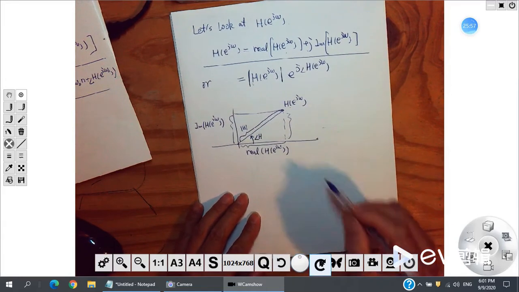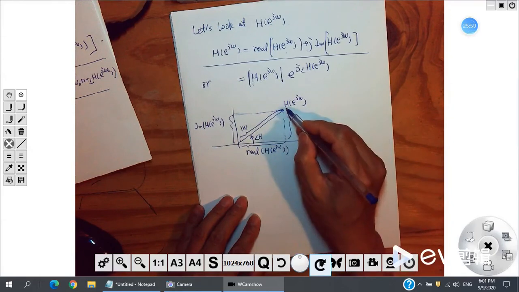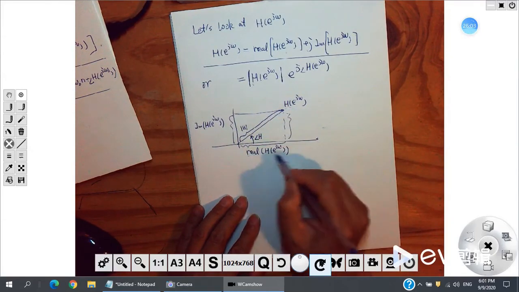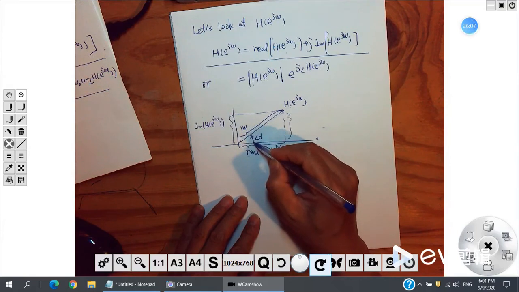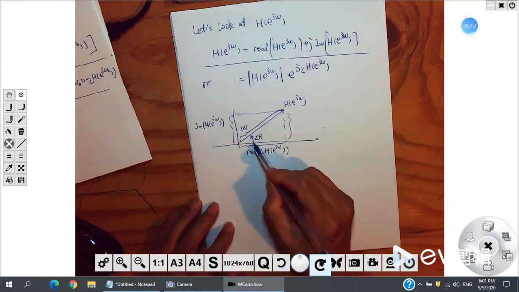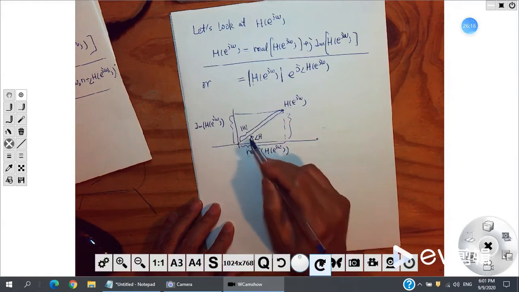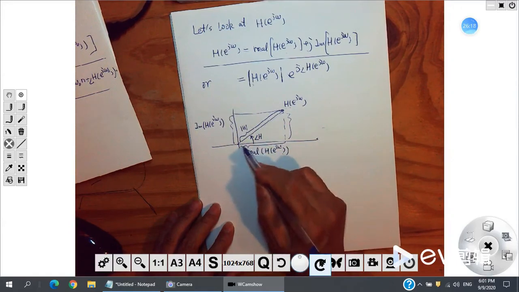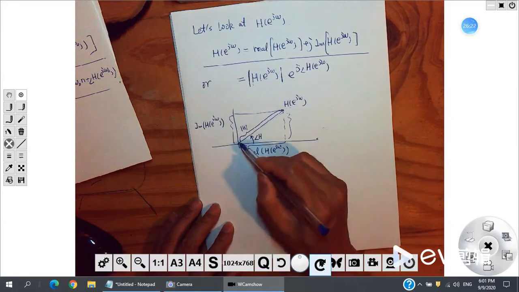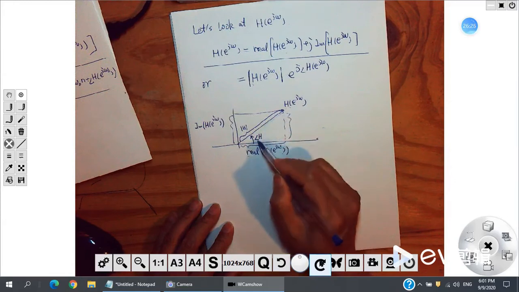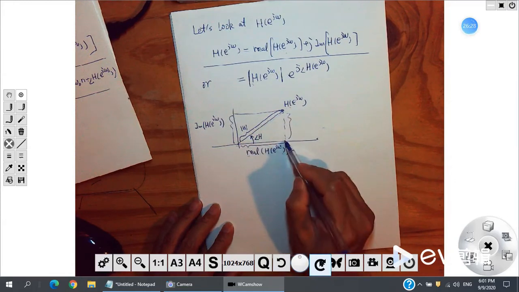And the relation is what? The real part is this length times cosine of this angle. You got it? This is just for the triangle, right? For a triangle, how to define the cosine, the sine. This is the definition of cosine, right? This is the bar, this H in the denominator, and this length in the numerator.